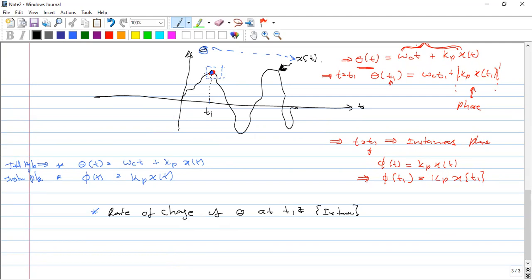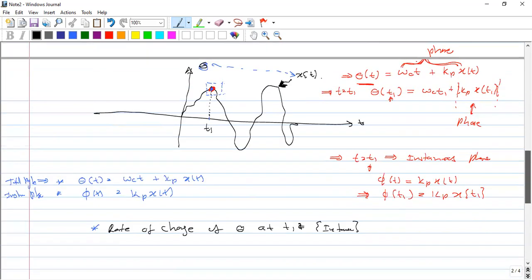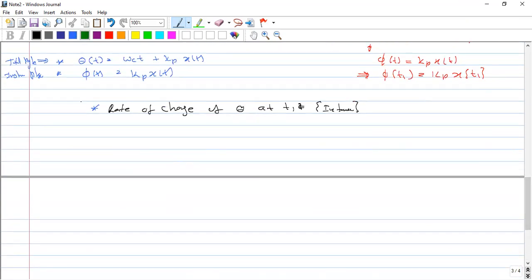Okay, so you normally know that if it is varying linearly, you can get the difference of theta and the time taken to get this difference.